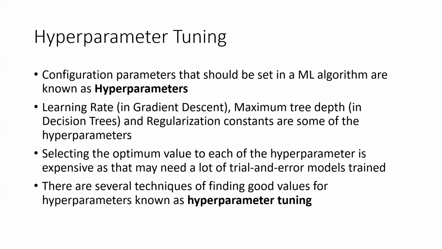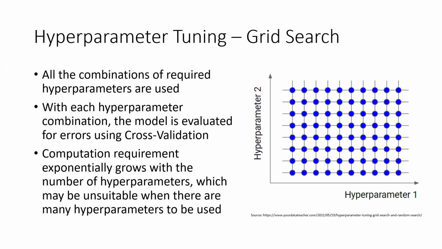So there are some techniques developed for automatic hyperparameter tuning, without manually having to train the same model again and again to find the optimum hyperparameter values, right? One of the hyperparameter tuning techniques is known as grid search, right?